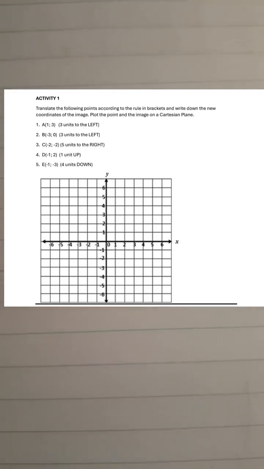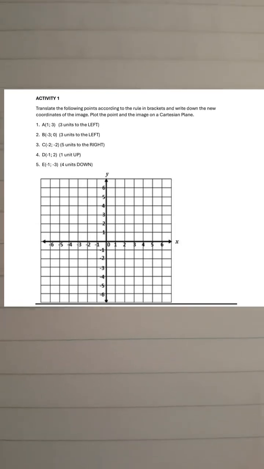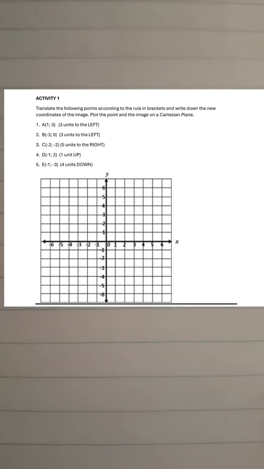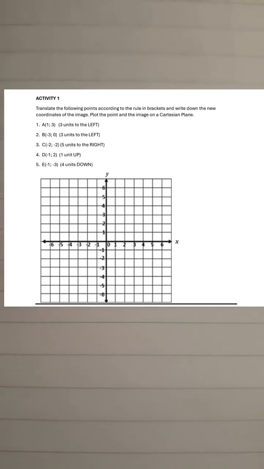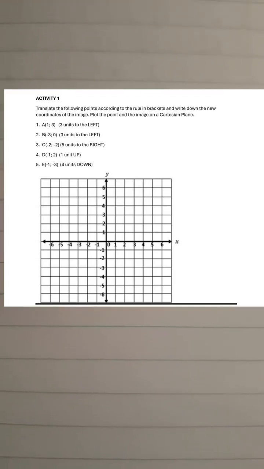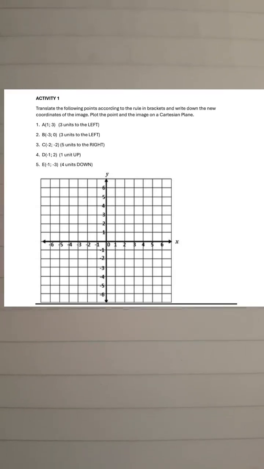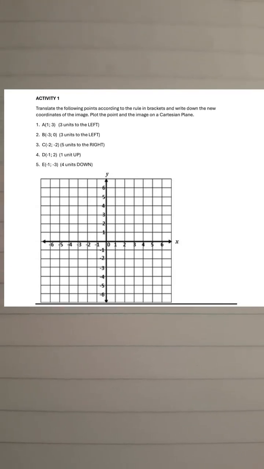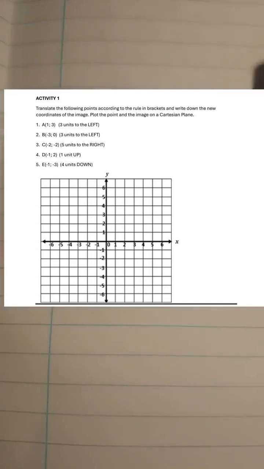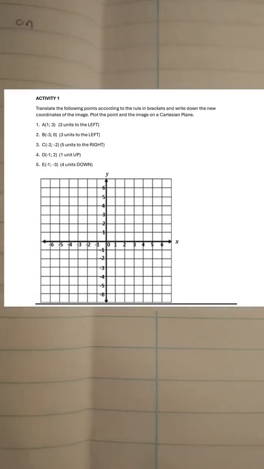And then therefore, what is the new coordinate for A if A, 1 and 3, is translated 3 units to the left? This is grade 9. Can anybody in the comment section let me know what are the new coordinates for A? The image of A.